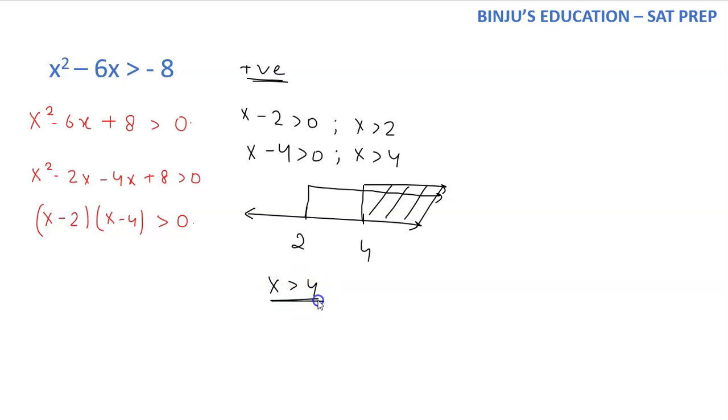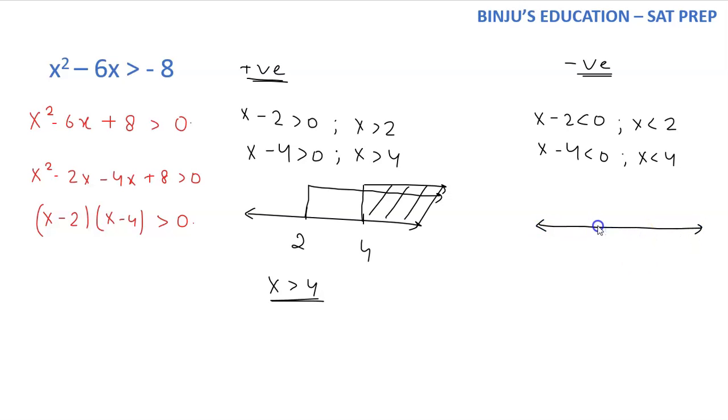Then I'll take the second case when they both are negative. So you're going to have x minus 2 less than 0 and x minus 4 less than 0. So I'm going to have x less than 2 and x less than 4. Put this on the number line. I'm going to have 2 and 4. I want less than 2 and less than 4. So this is less than 2 and this part is less than 4.